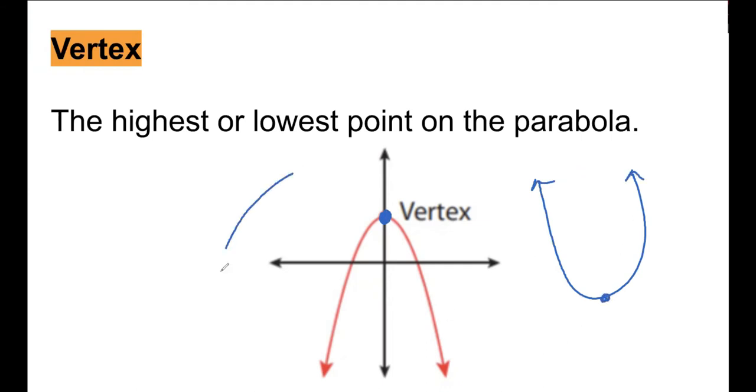If it's a horizontal parabola, then it's the most left point, and the other way, it would be the point over here, the most right point. That's what we're going to consider the vertex. That's where we're going to start and then finish off the graph. Okay.